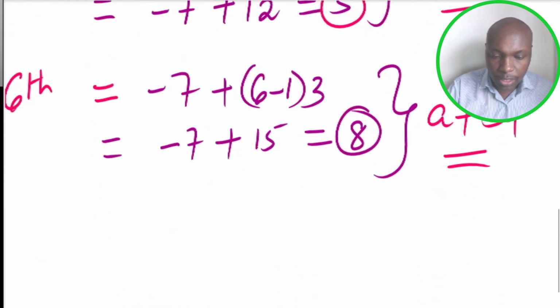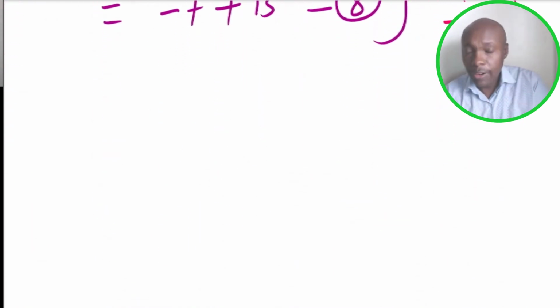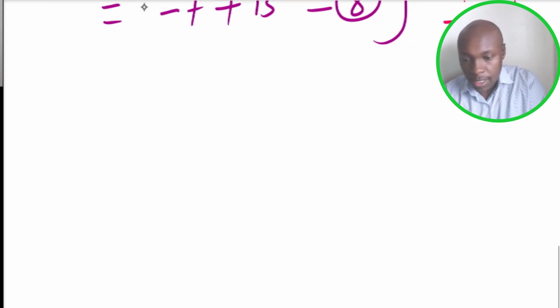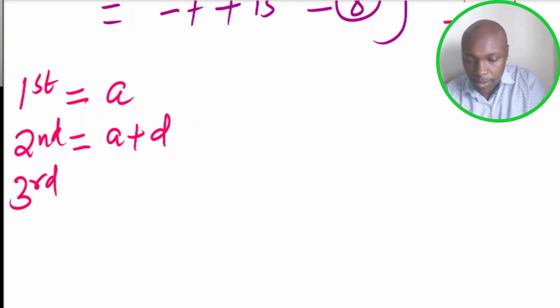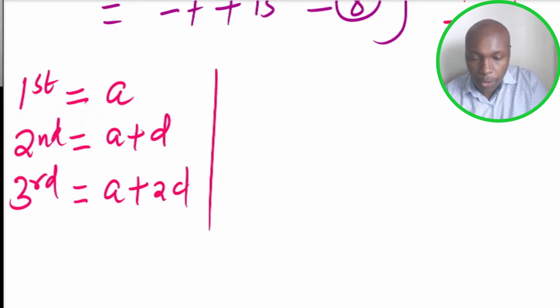So in simple terms, the first term of any arithmetic sequence is given by a, the second term is given by a plus d, then the third term is given by a plus 2d. You can go on.